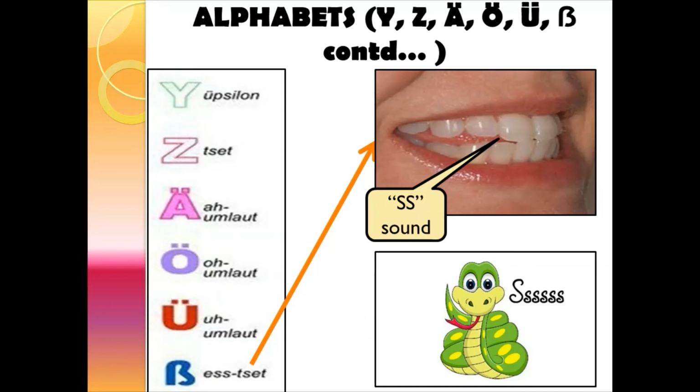So even though this alphabet is written as Eszett and it is called Eszett, the sound that it produces is a sharp S sound, like the double S sound.